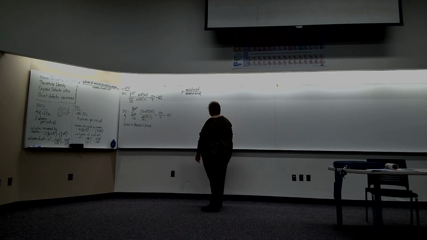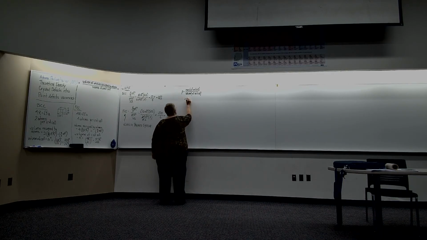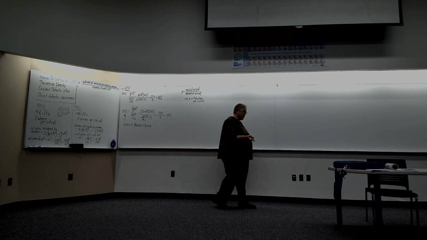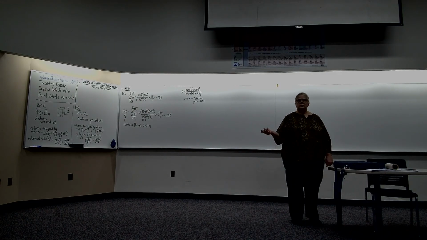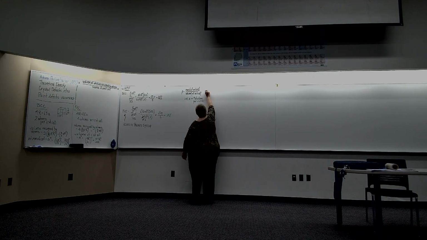Well, that would depend partly on crystal structure. So I'm going to say, let X equal the number of atoms per unit cell. Then the mass of the unit cell is the number of atoms times their mass. So that would be X times M, the atomic mass.